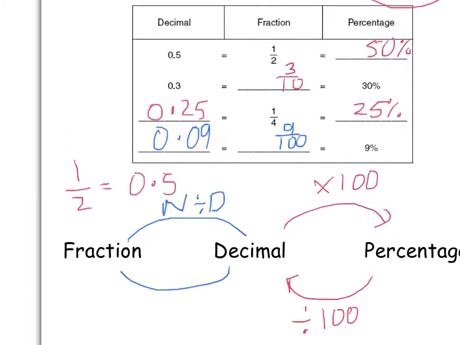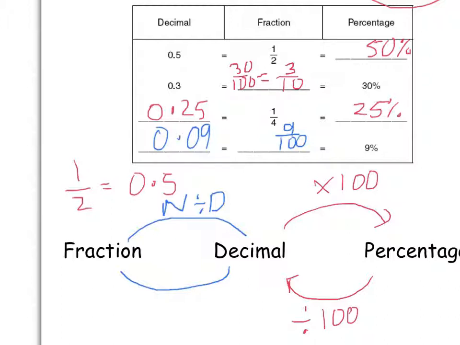But the real difficult one is how do we get from the decimal to a fraction? Well, if you remember, if we look at these examples here, these two in particular, 0.09 was 9 out of 100, and 0.3 was 3 out of 10, which we could also say is 30 out of 100.